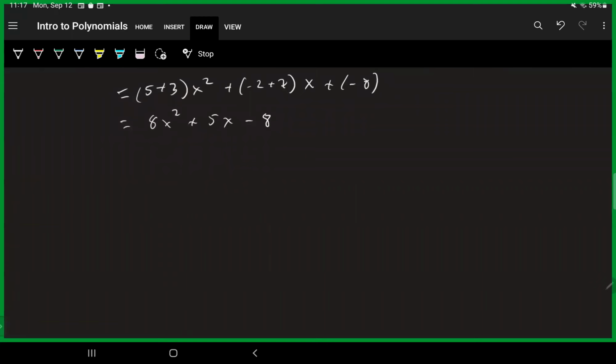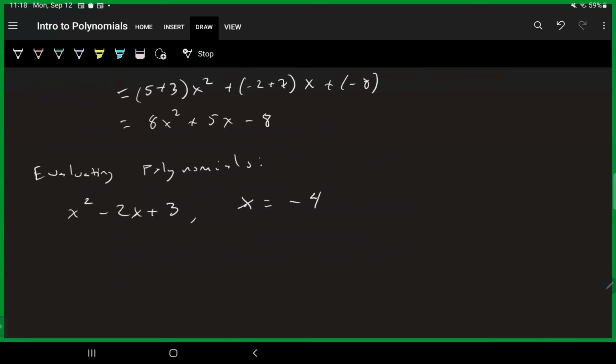And we're also going to talk about how to evaluate. I'm looking at x squared minus 2x plus 3, and I'm asked to evaluate it when x is negative 4.